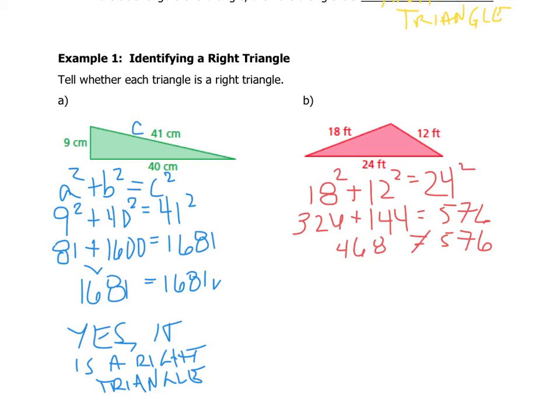That symbol there is the not equal to. So no, not a right triangle. It is a triangle for sure, but using the converse, we know that this is not a right triangle.